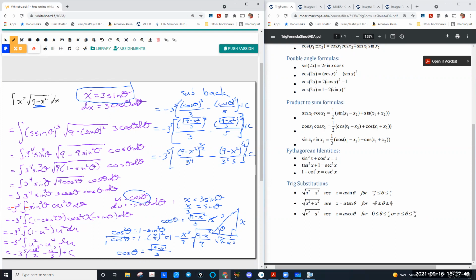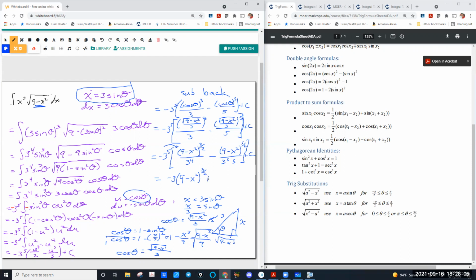And if we distribute this negative 3 to the 5th, well, we have 4 3's here, and we're going to have 5 of them on top. That's going to cancel down to a minus 3 times 9 minus x squared to the 3 halves. Here, all 5 of these are going to cancel out with all 5 of these.